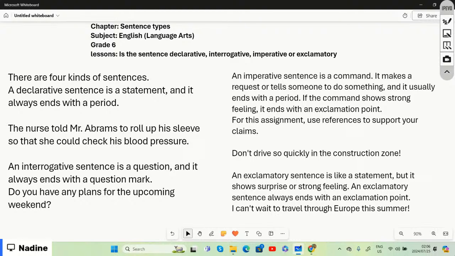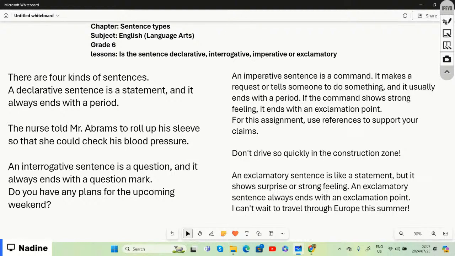It's basically asking questions. An example is, do you have any plans for the upcoming weekend? And then you give your response in whichever context it is.